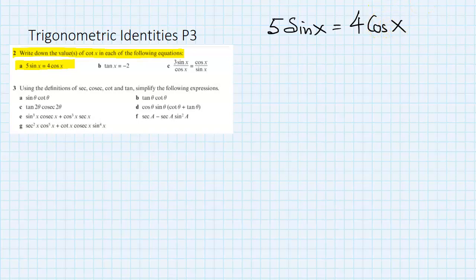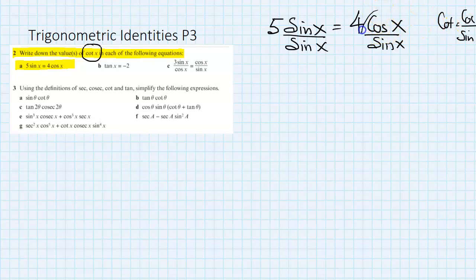So cot is equal to cos over sine. So divide both sides by sine. Hope you know what I'm doing. He's asking cot. To get cot, I know that cot is equal to cos over sine. Sine over cos is tan, cos over sine is cot.